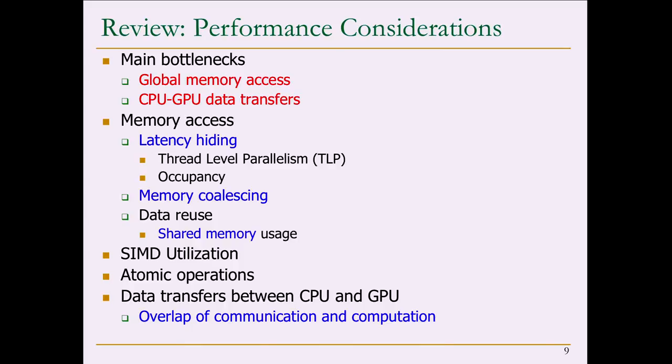And the last thing we talked about was the SIMD utilization, what we call the intra-warp divergence, meaning that it might happen that not always all the threads belonging to one warp go through the same path, so this will obviously underutilize the GPU resources. So we'll very quickly review these things, and afterwards we will start talking about atomic operations and the data transfers.